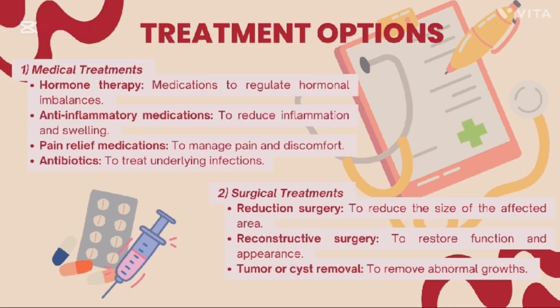We have four treatment options for hypertrophy. All these depend upon the hypertrophy area. The first one is medical treatment, which involves hormone therapy, anti-inflammatory medication, pain relief medication, and antibiotics. The second one is surgical treatment. We can reduce the size of the affected area, we can restore the function, or we can remove the abnormal growth.